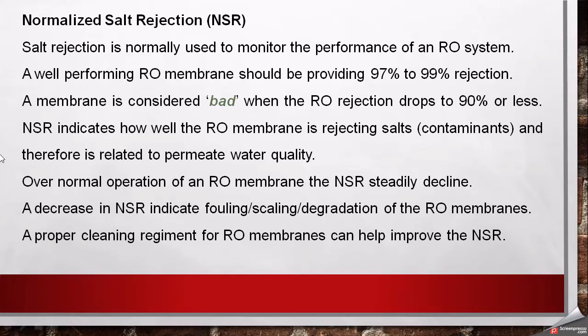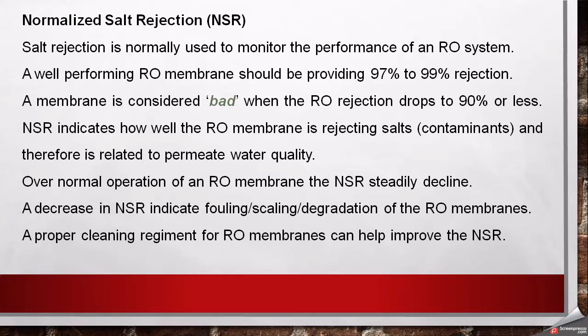So NSR, normalized salt rejection, basically indicates how well the RO membrane is rejecting the salts, and therefore is related to permeate water quality. Over normal operation of an RO membrane, NSR steadily declines. Of course, with the passage of time its performance is going down, but there is no sudden change.